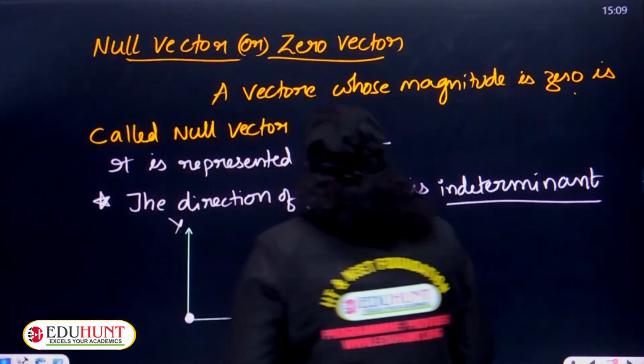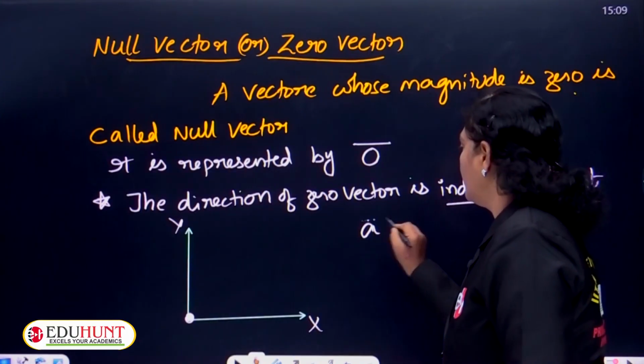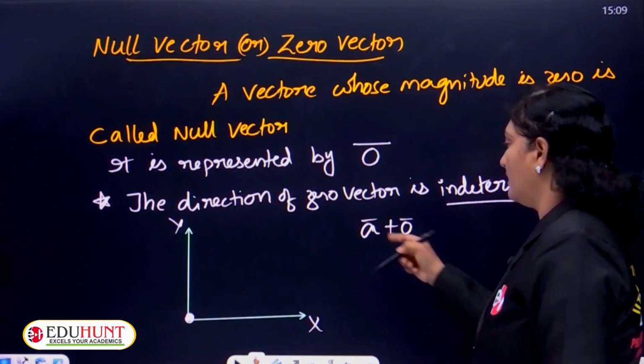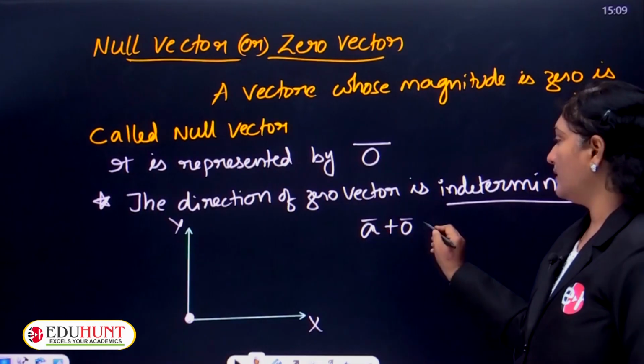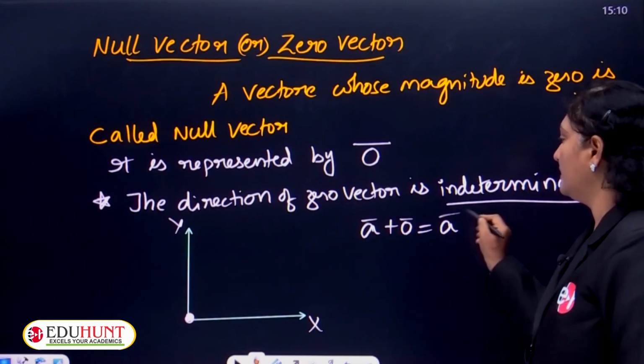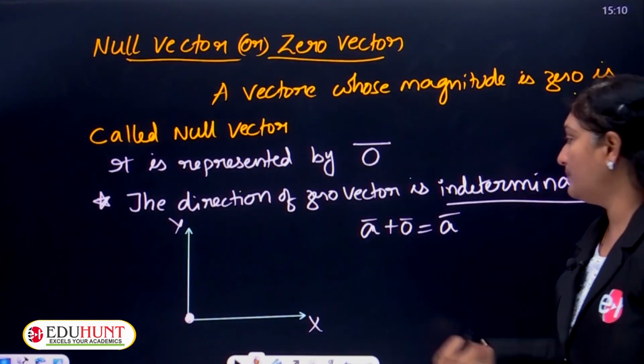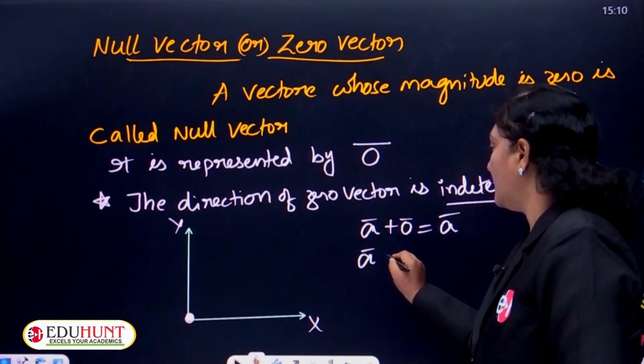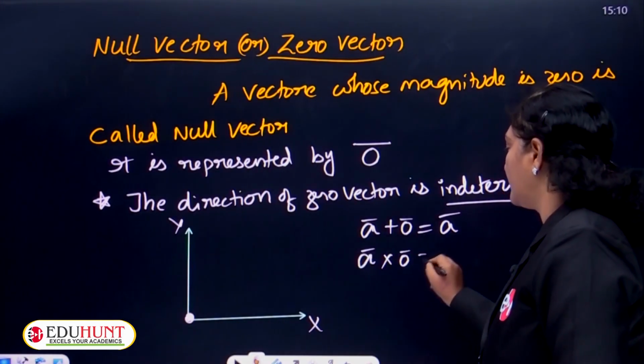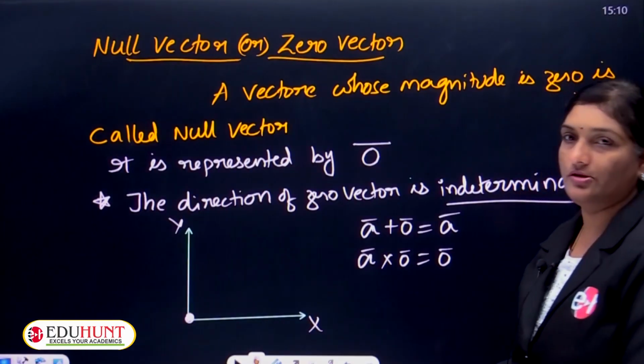Always remember that whenever you add a null vector to another vector, it gives the same vector. Similarly, if the same vector is multiplied by a null vector, you will again get a 0 vector.